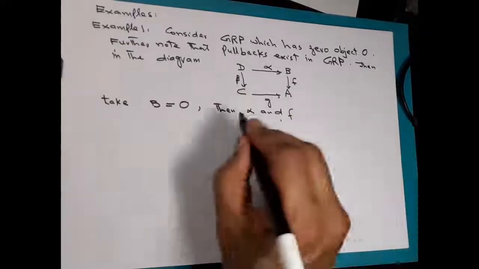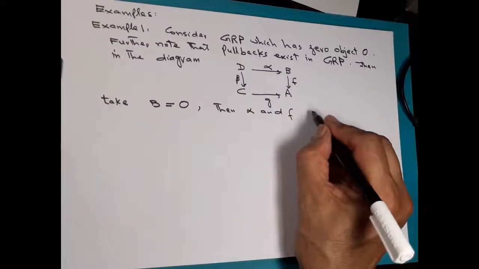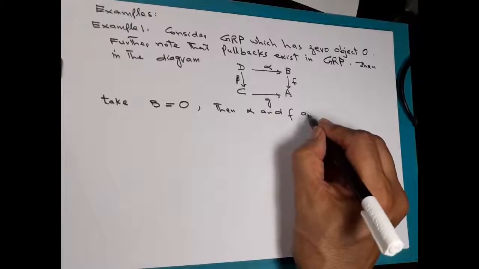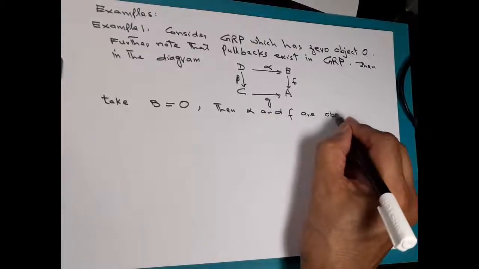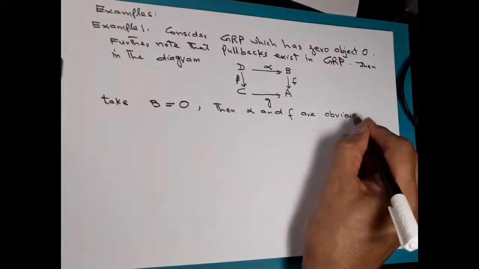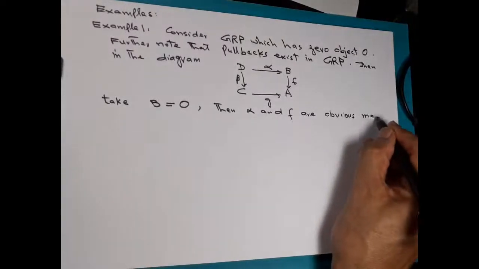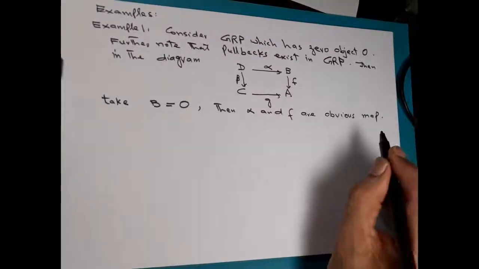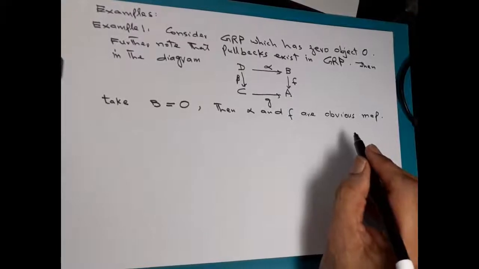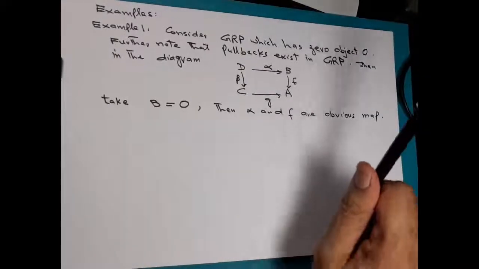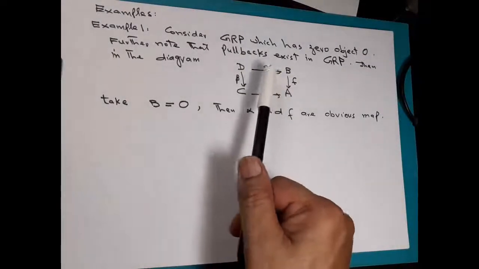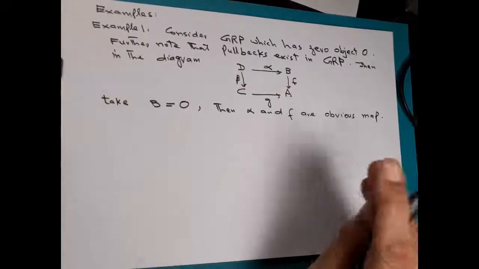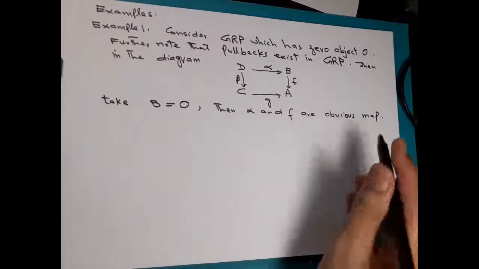Then alpha and F are obvious maps. Just go to your books and see what zero object is and what these maps are going to be.